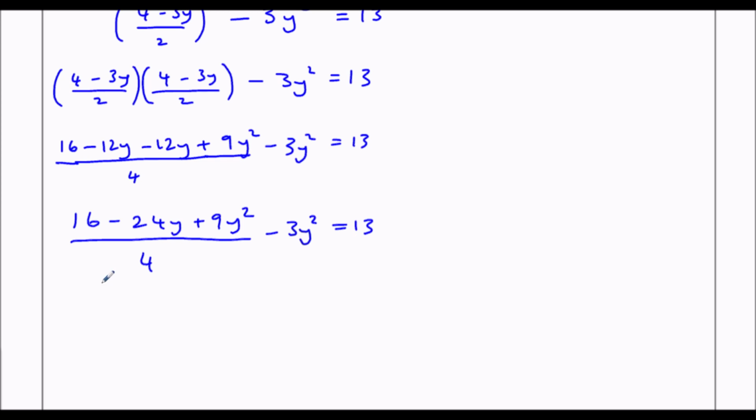I'm multiplying the whole equation by 4. So I need to multiply my negative 3y squared by 4, which will give me negative 12y squared, and multiply my 13 on the other side by 4, which will give me 52.